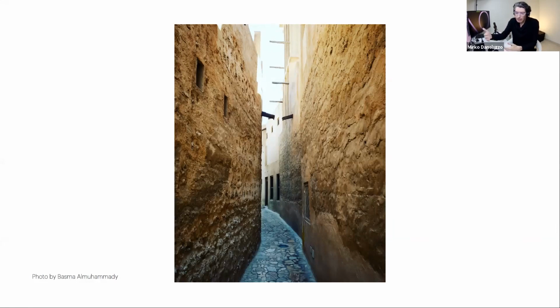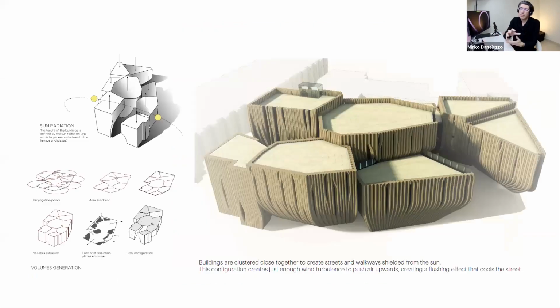Another level of understanding is the way the streets are organized, in the sense that you have narrow streets to profit from the mass of the building, to generate shadows, to protect the streets from direct sunlight, and also to create wind flows in between, so to have a breeze of fresh air inside. And this was used as a generator for the entire building.